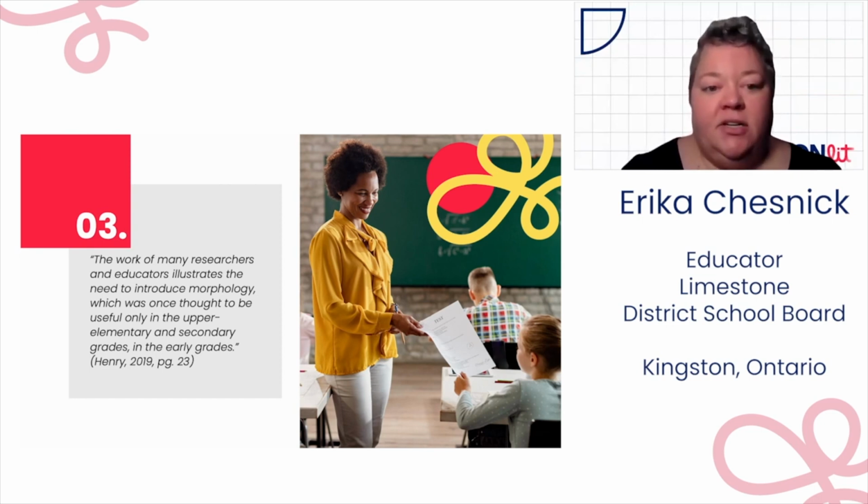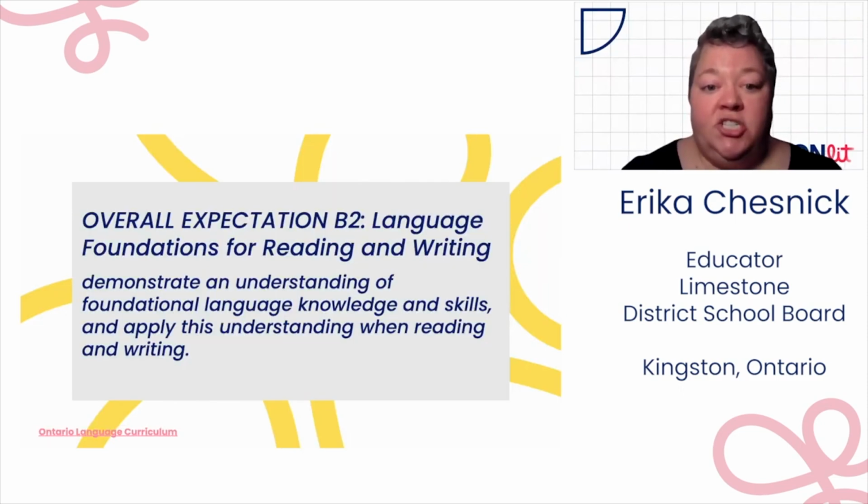This ability to begin to understand basic morphemes early in their school career is reflected in the new 2023 Ontario language curriculum. In the B2 foundation strand, we find specific expectations for word level reading and spelling using morphological knowledge.